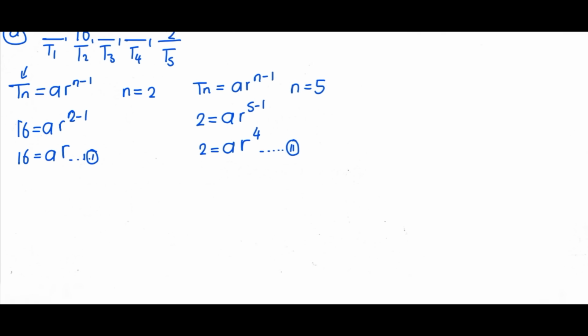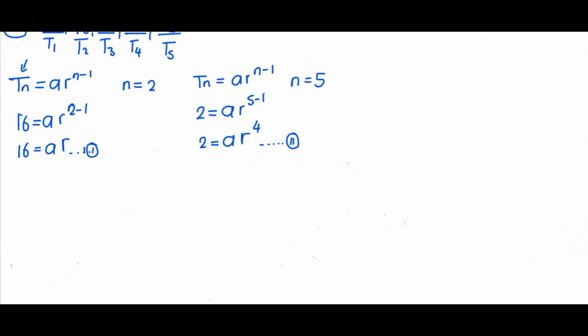Now after we are done with finding the second equation, what are we supposed to do? Now let's look at equation 2. We can see that we have a 2 here, then here we have a 16. So what we are going to do is break this 16 so that we are able to get 2.